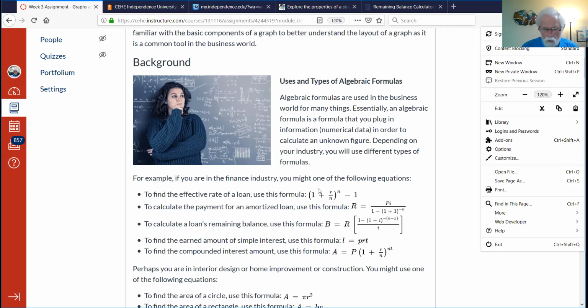When solving this, the first thing you do is calculate r over n and add it to 1. So 0.05 divided by 12 plus 1 is what goes in the parentheses, and then raise that to the nth power. How do you do that?